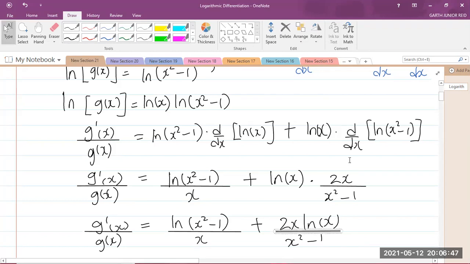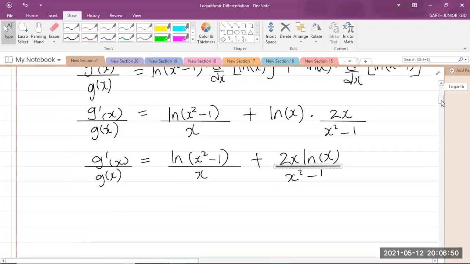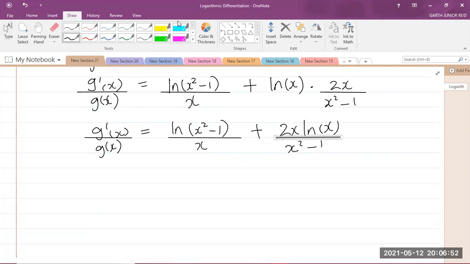Remember, our aim is to find g prime of x. In order to get g prime of x alone on the left-hand side, I'm going to multiply both sides of the equation by g of x.